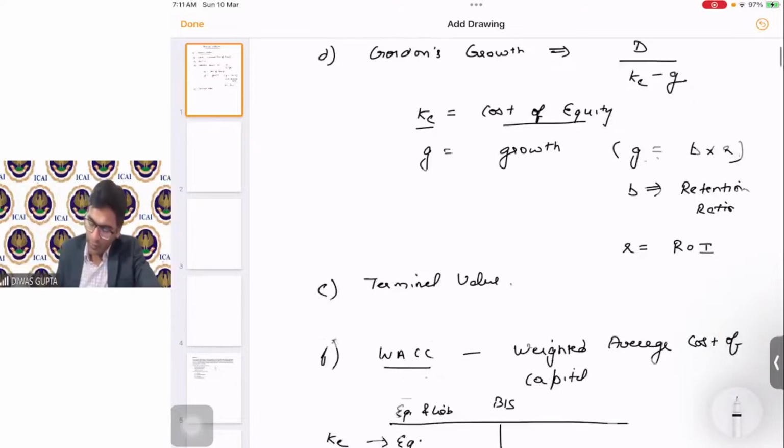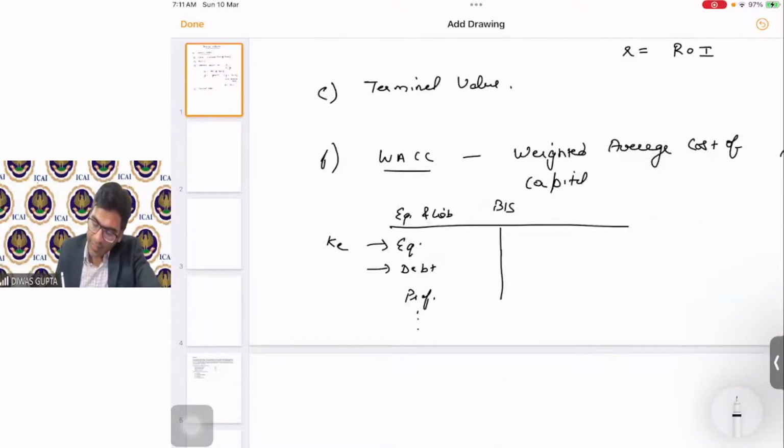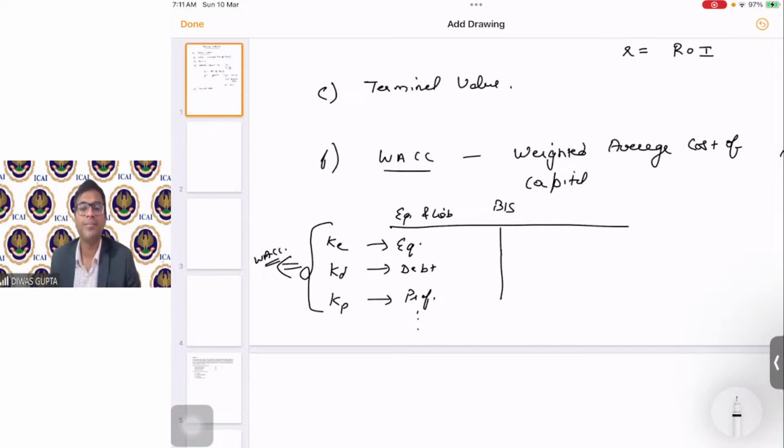Similarly, debt instrument holders will ask for cost of debt, which is KD. Then similarly for preference shares, I'm denoting it by KP. And the weighted average of all these will come to WACC, which is the overall cost of capital.